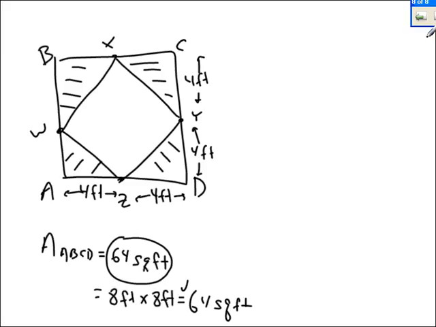In fact, let's find the shaded area and the area inside that diamond shape. Now, each one of these triangles: triangle number 1, triangle number 2, triangle number 3, triangle number 4.